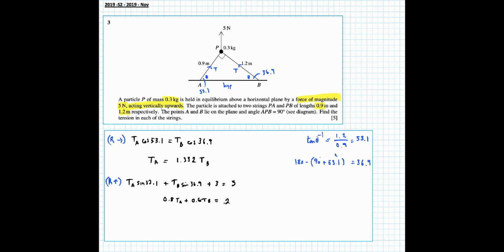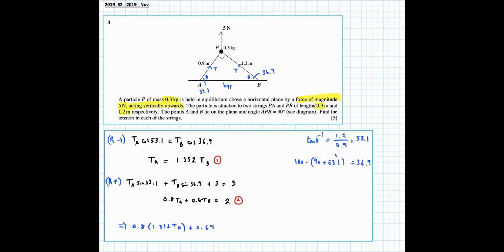And now we can substitute equation 1 into equation 2. So 0.8 times your 1.332 TB plus 0.6 TB is equal to 2.